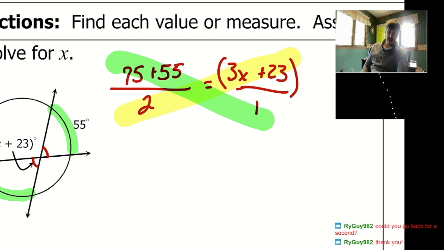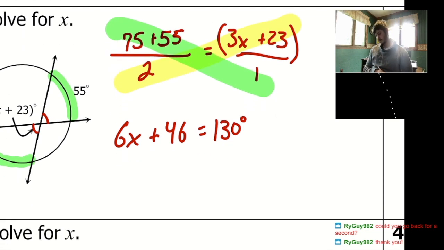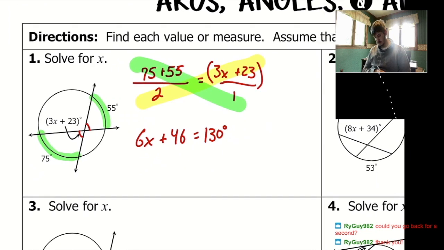So we're going to double everything. So it's 6x plus, also have to double the 23, so it would be 46. Is equal to 75 plus 55 times 1. I can just add the 75 and 55 right from here, which would be 130 degrees. I'm going to subtract 46 from both sides.